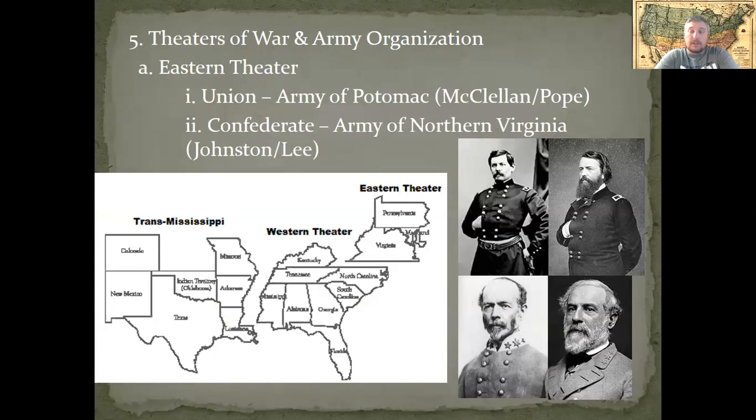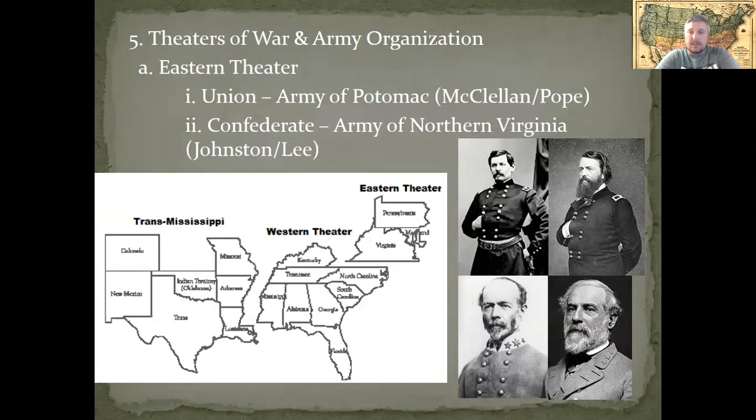Oftentimes the Union armies are going to be named after major rivers, and then the Confederate armies are often named after states. A good way to remember that is, of course, this talk about states' rights. We talked about states' rights being a part of the motivation early on.